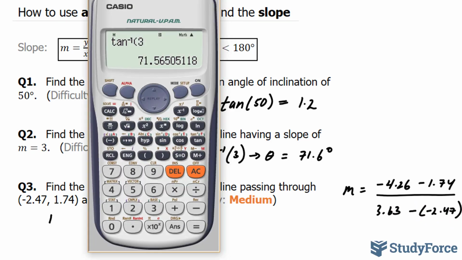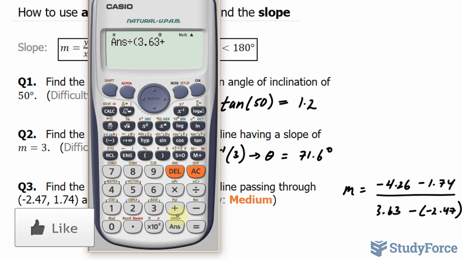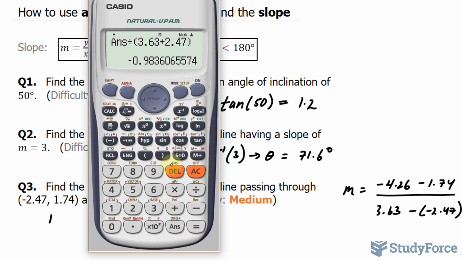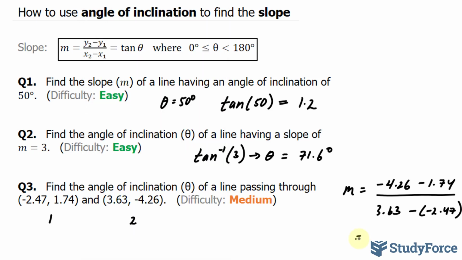Let's use our calculator to evaluate this. Negative 4.26 minus 1.74. That gives us a numerator of negative 6 divided by 3.63 plus, these two make plus, 2.47. And this gives us a slope of negative 0.98.